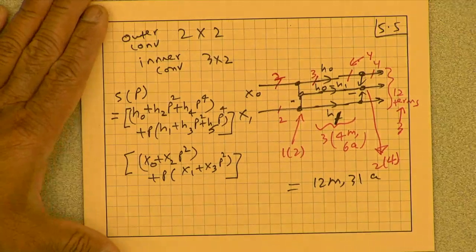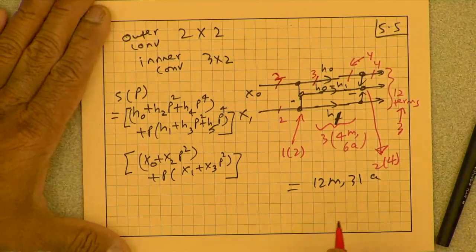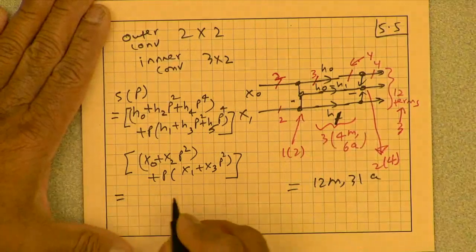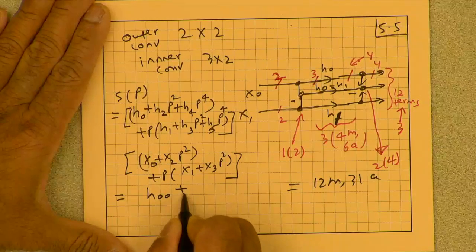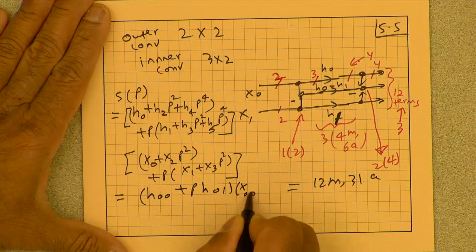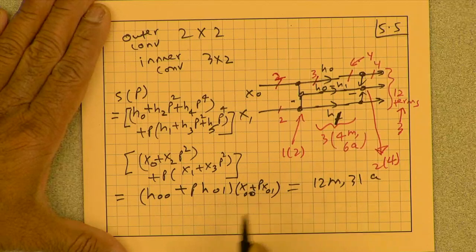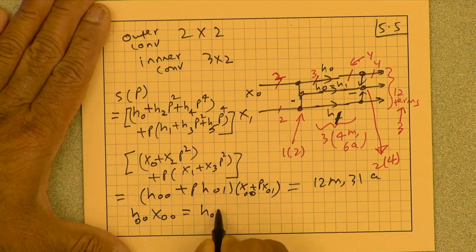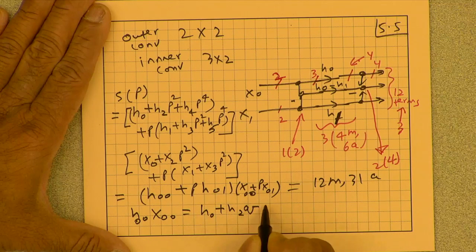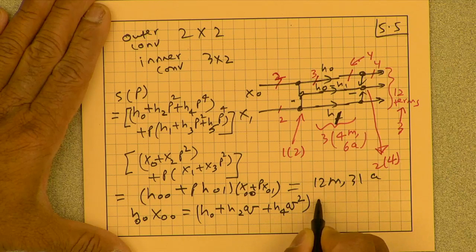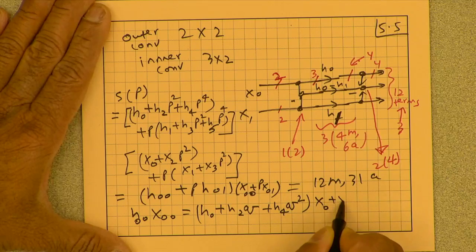So think about it. Let me write this down as equal to H00 plus p times H01, times x00 plus p times x01, where H00 times x00, just as one example, is going to be H0 plus H2q plus H4q squared times x0 plus x2q.